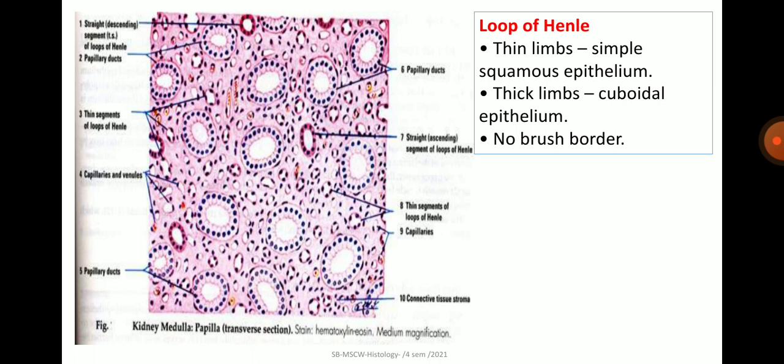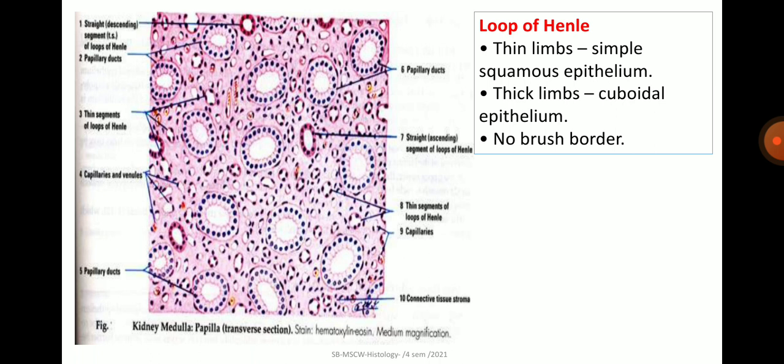In this particular slide, the sectional view of the medulla region is shown, hence you will not find sections of the glomerular region or Bowman's capsule or even the proximal convoluted tubule and distal convoluted tubule, but you can find sections of the thin limbs of the loop of Henle, thick limbs of the loop of Henle, and you can even find capillaries, plus ducts which are called papillary ducts.